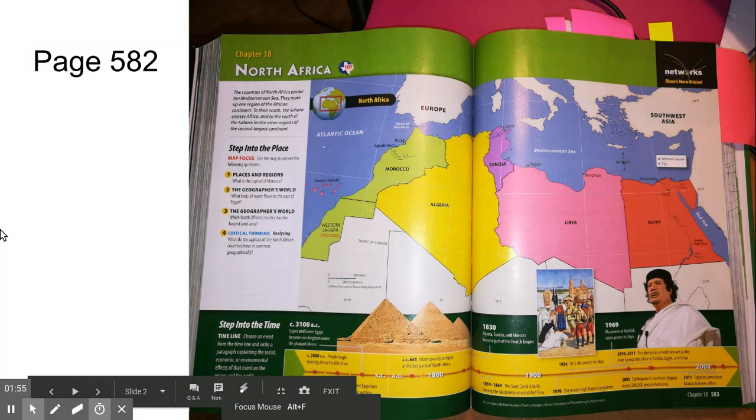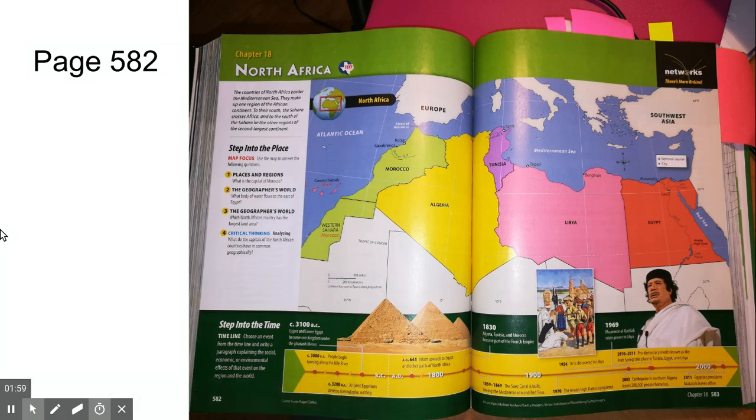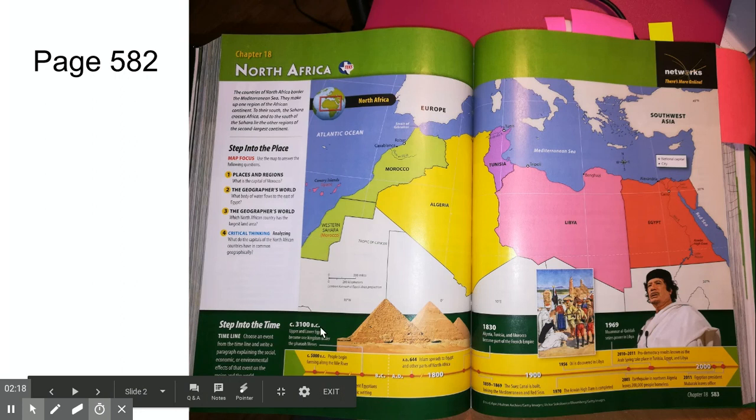This map looks very similar to the one from the previous lecture, with the exception of it zoomed in to just North Africa. So where you see all this colored area, these would be the countries that make up North Africa. The rest of the African continent would be down here.